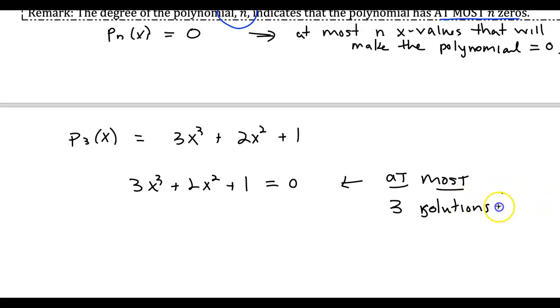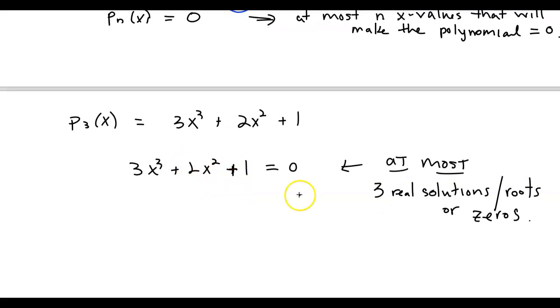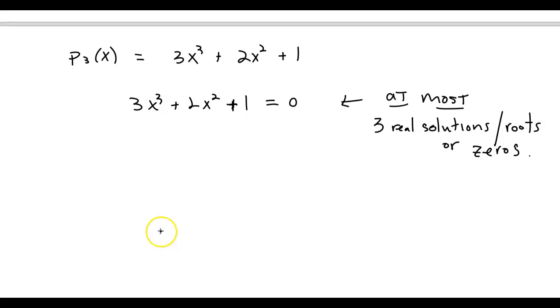And sometimes those solutions are called roots of the polynomial, or zeros of the polynomial, because that's what makes the polynomial 0. So it has at most 3 real solutions, because there could be complex number solutions also. Okay, let's keep going.